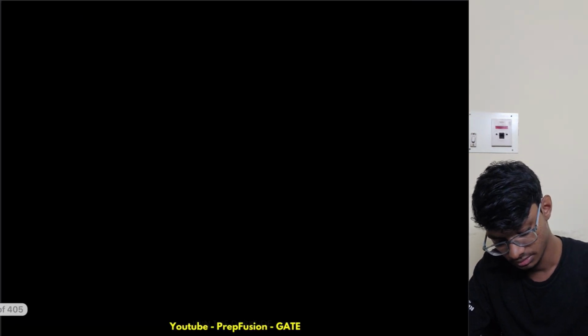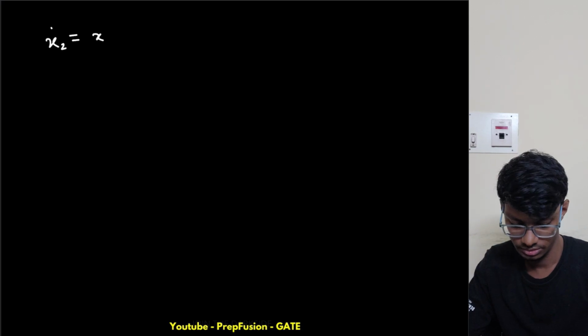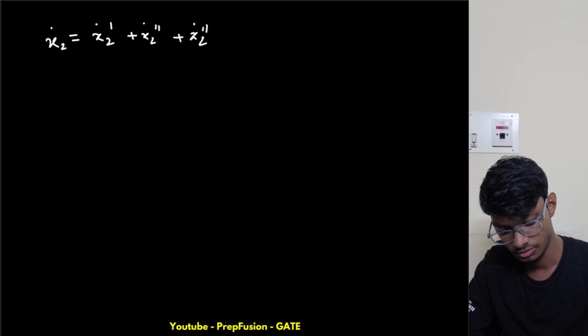So if I add, x2 dot of t is x2 dot dash plus x2 dot double dash plus x2 dot triple dash.